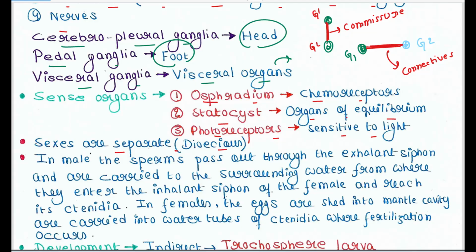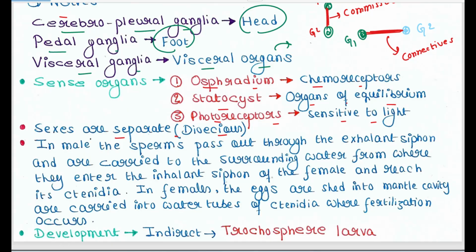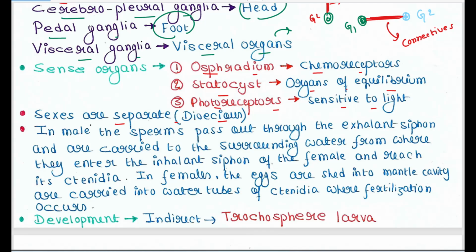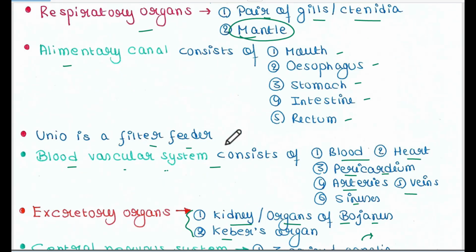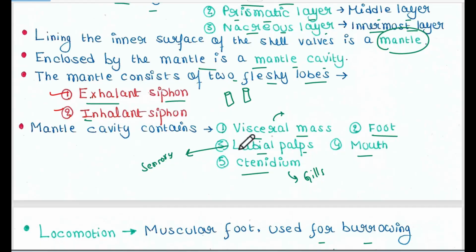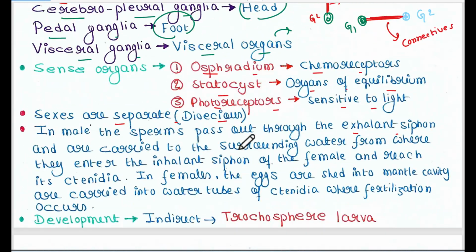Now, in male, what happens? The sperms pass out through the exhalant siphon. I have talked about siphons, right? Inhalant and exhalant siphons are present in the mantle. So the sperms pass out through the exhalant siphon and are carried to the surrounding water, from where they enter the inhalant siphon of the female.